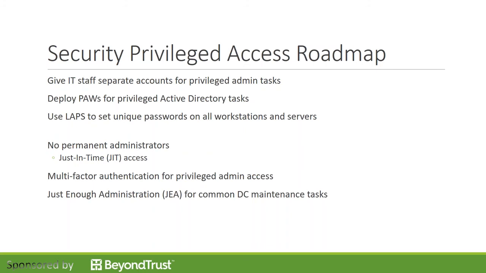Now you can deploy a system for populating those groups, for instance just-in-time access, which you can do with Microsoft's products if you want, and that's basically just the concept of populating those groups just in time, or at the moment that those privileges are required and for no longer. And as soon as the job is done, you just take those privileges away.